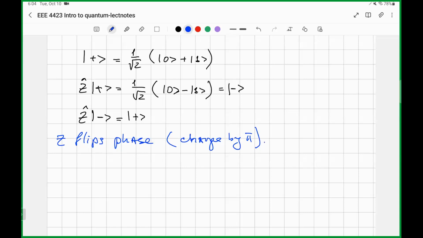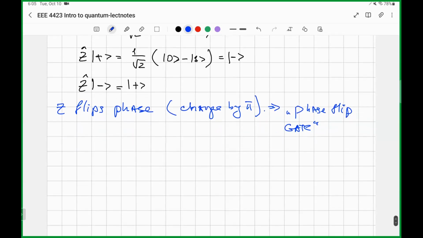That's why sometimes it's called the phase flip gate. And in the circuits, it's given by the rectangle with Z inside.